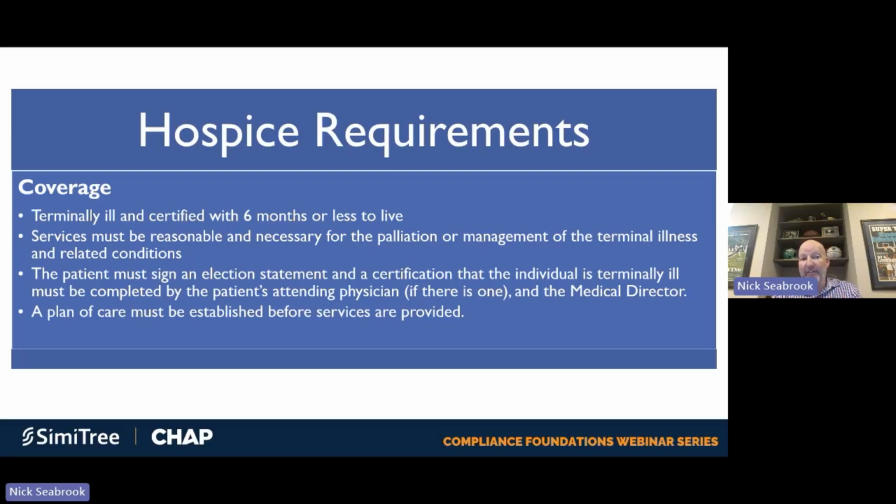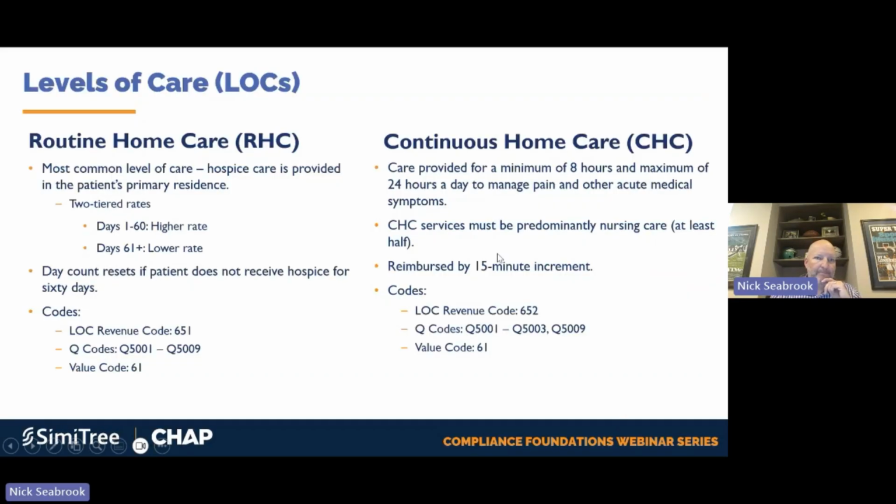The other requirements there are that a patient must sign a notice of election statement, and a certification that the individual is terminally ill, which is completed by the patient's attending physician and the medical director. You can see there a plan of care must be established before services are provided as well.